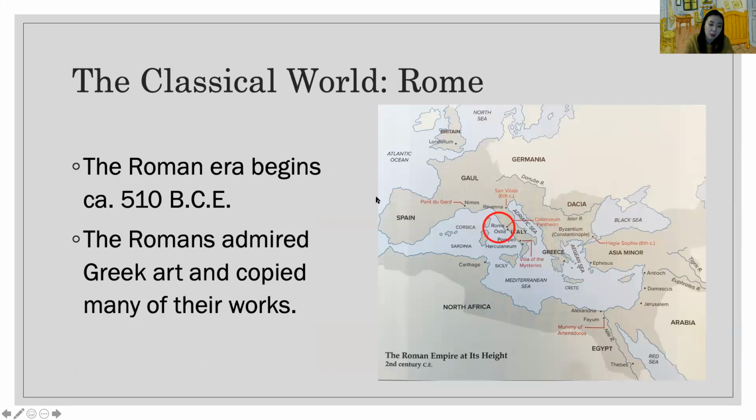So now let's move on to ancient Rome. The Roman era begins about 510 BCE, and it overlaps the Greek era. The Romans admired Greek art and copied many of their works. So most of the Hellenistic sculptures we see are not originals.